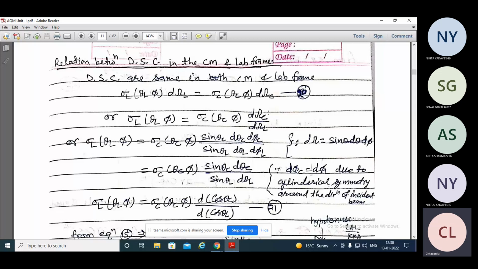So d omega c, that means we are using the scattering angle of the C frame, or if we are representing here lab frame, then we are using the scattering angle in the lab frame. So if we want to calculate, phi's limit, then everywhere phi should be same, because here is also the same limit in laboratory and in C frame. Phi's limit is from 0 to 2 pi.